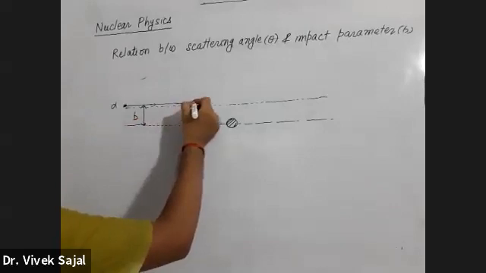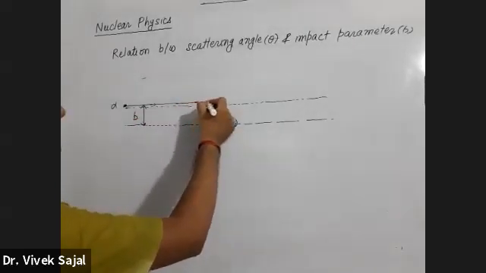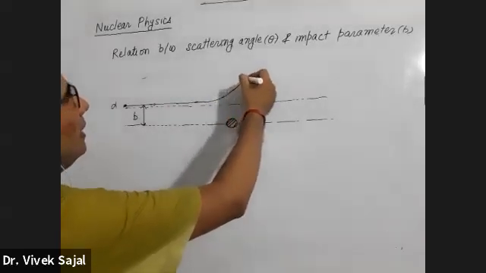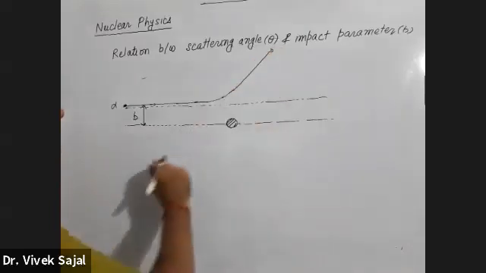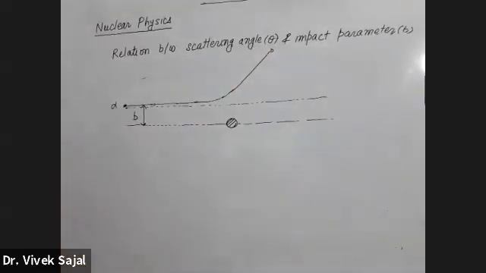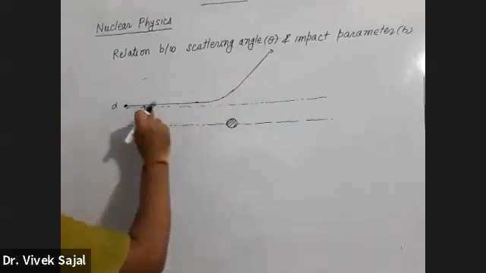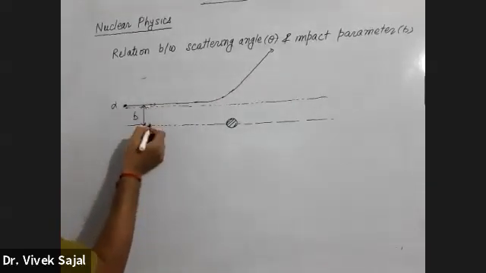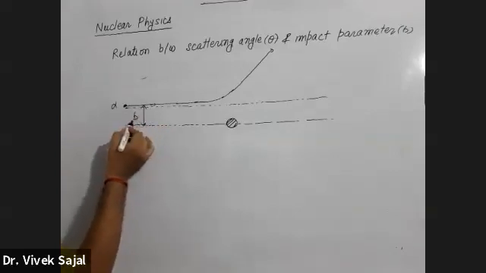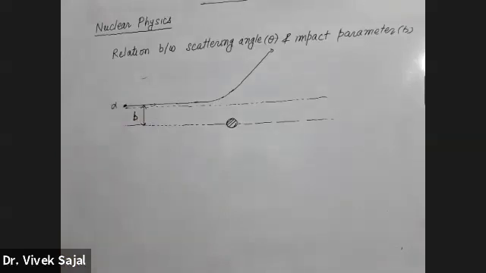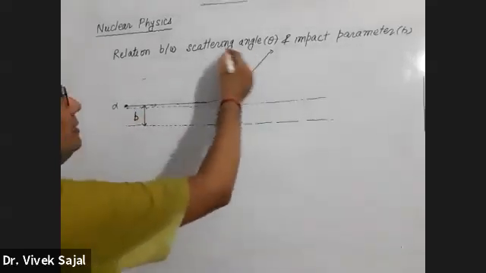And what will happen? It will move like this, and after this it will scatter in this direction. This alpha particle is interacting with this nuclei, but when there was no interaction, the minimum separation between the nuclei and this alpha particle is known as B, the impact factor. This impact factor is very important for scattering. Another is the scattering angle.